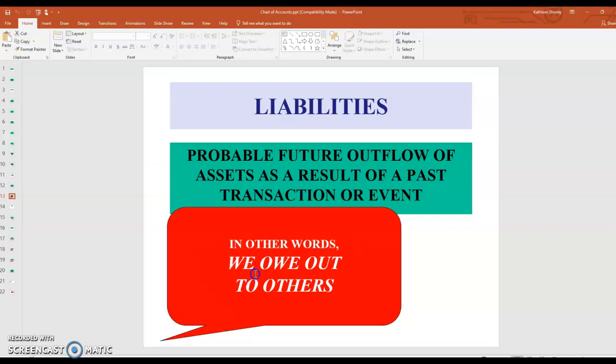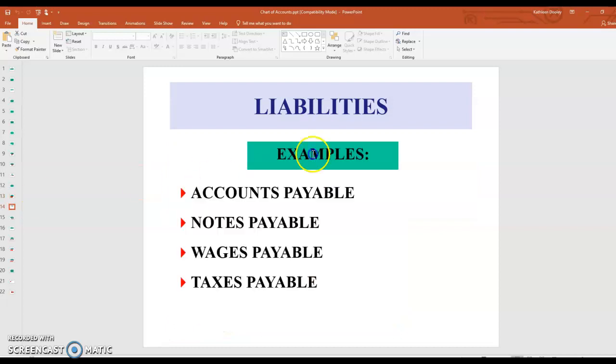Whenever we say we, the business, owes out to others outside of the business, we call them creditors, suppliers, vendors, creditors that we owe out to. That is liabilities. Whenever we owe out to someone, the account is going to be in the liabilities section of the chart of accounts. Here are some examples of liabilities.